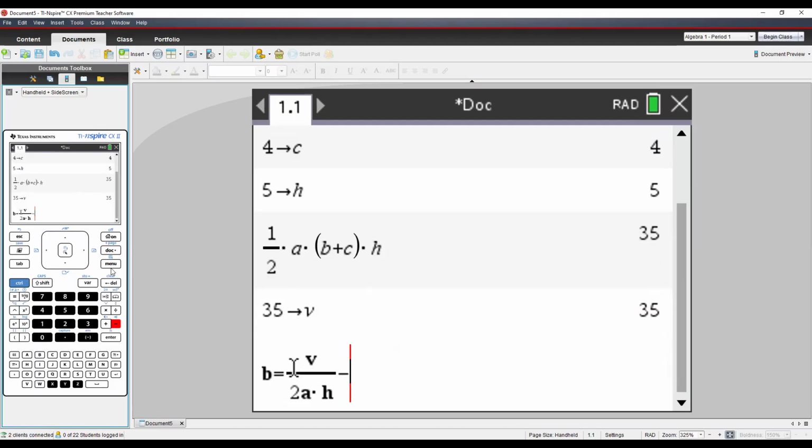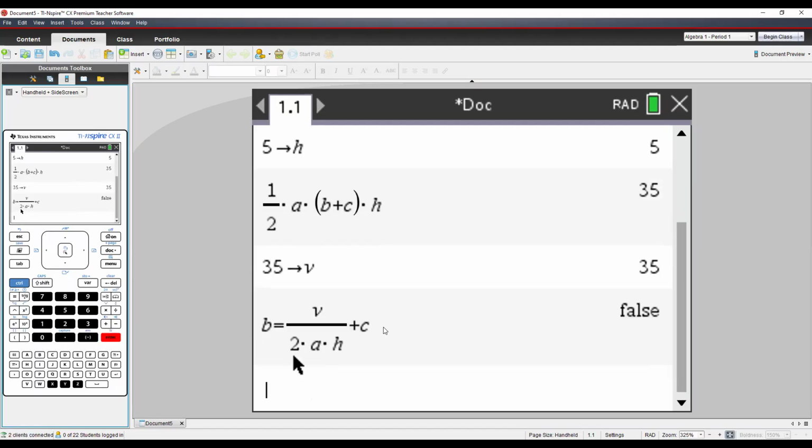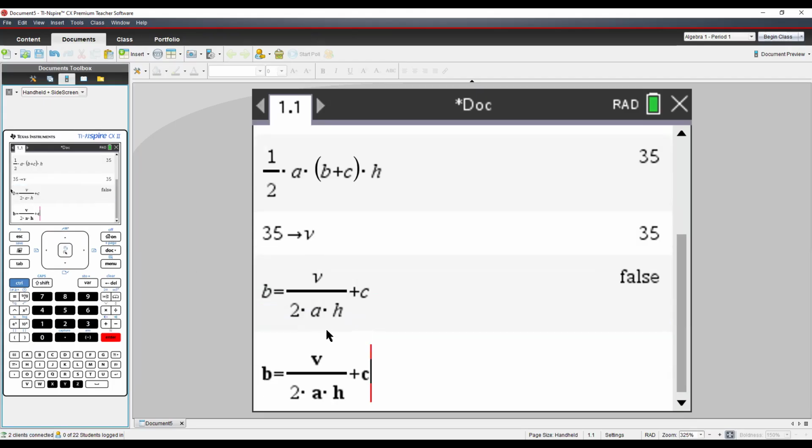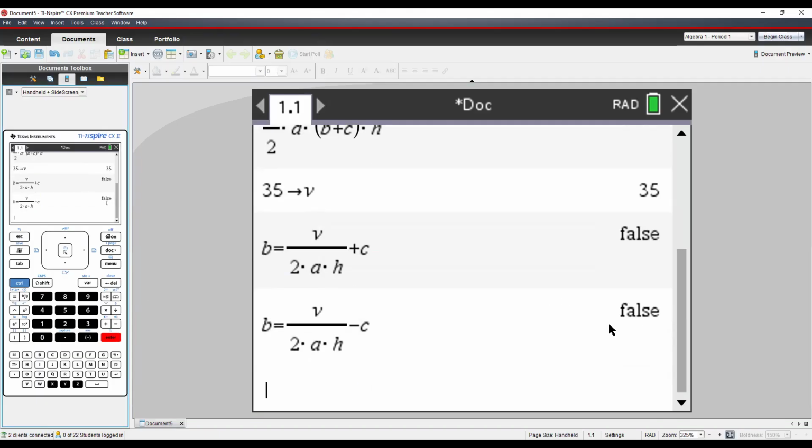Oh, this should be plus, so let me go back. This should be plus C, then I press enter. Now it says false, so that means somewhere along the way my algebra was bad. So now I'm going to try the second one. I'm just going to copy it, and then change this plus to a minus, and that's the second answer. And I get another false.